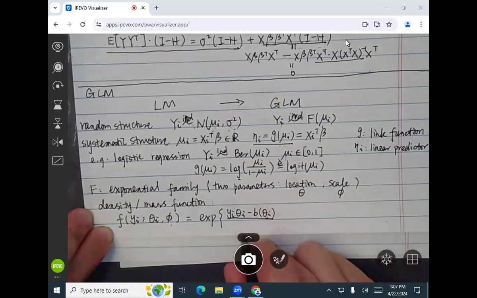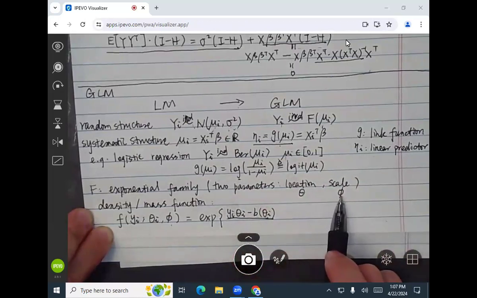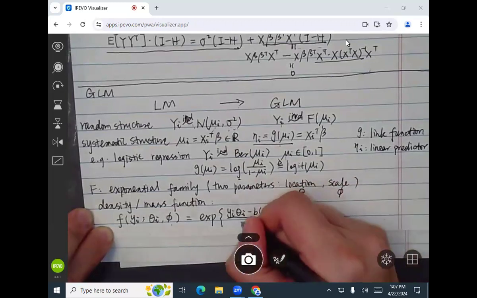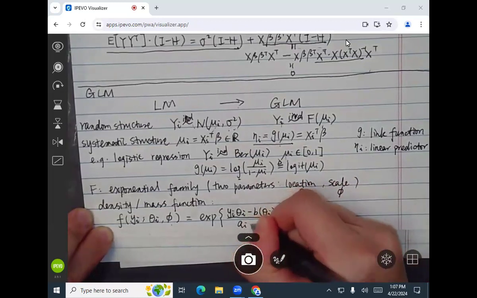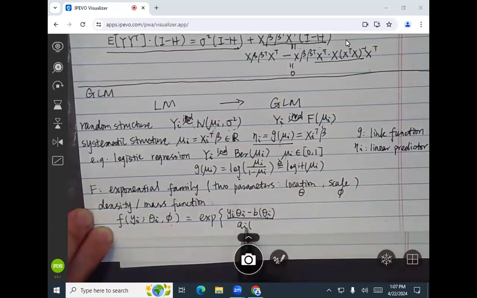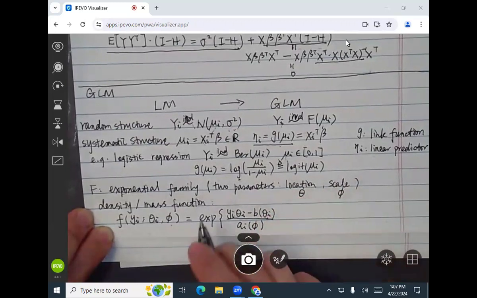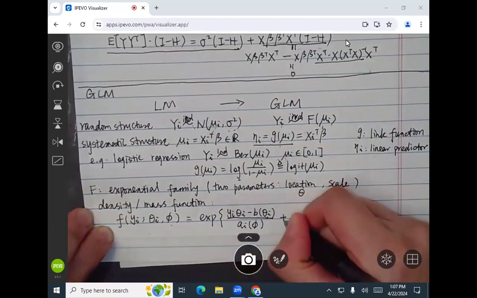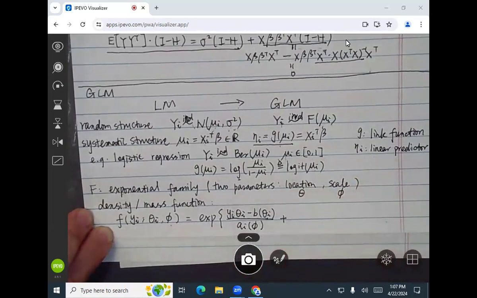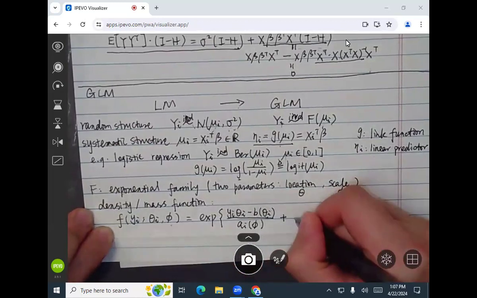And in the denominator, it's a function of phi. We assume here a_i is a function specific to i, applied to phi. So this is the term of our most interest. And a normalization term. This is just to make sure the density function integrates to 1.